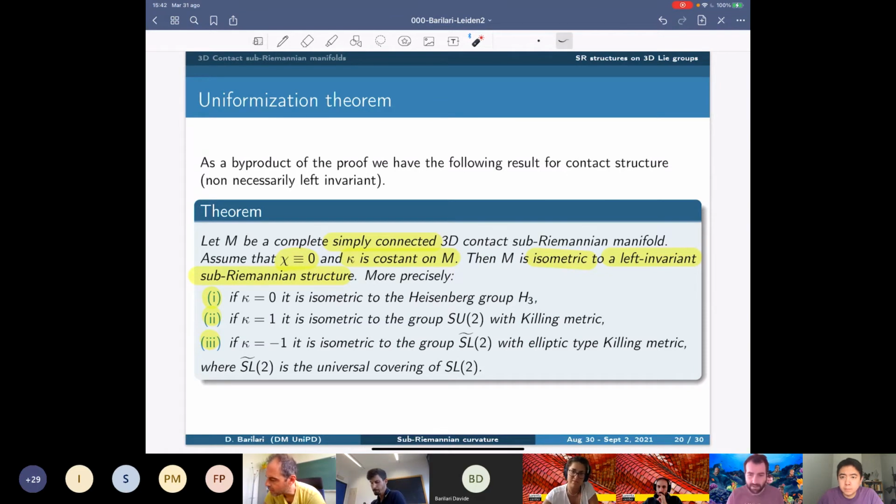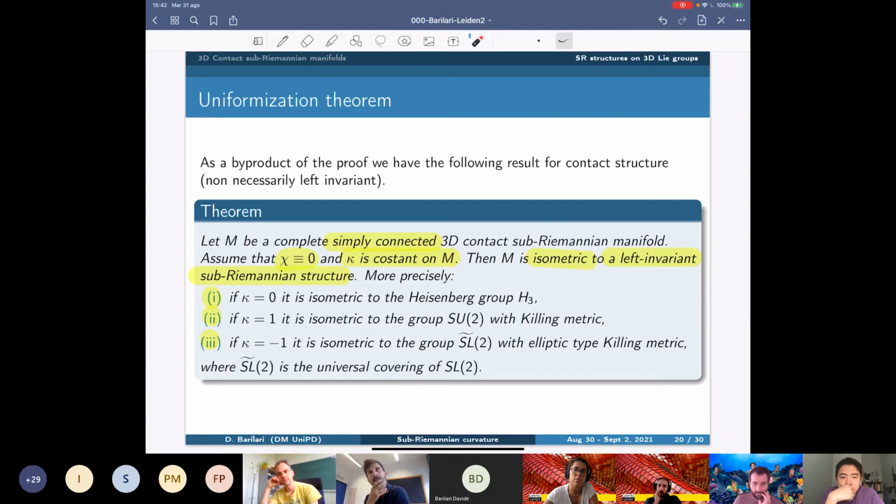But my question is, are there known results if you drop one of the two hypotheses? So if you are non-complete or if you're not simply connected? If you are not simply connected, you can conclude a similar result, but locally and not globally.